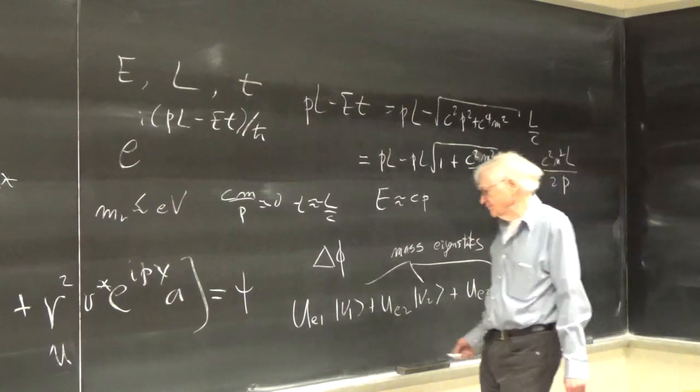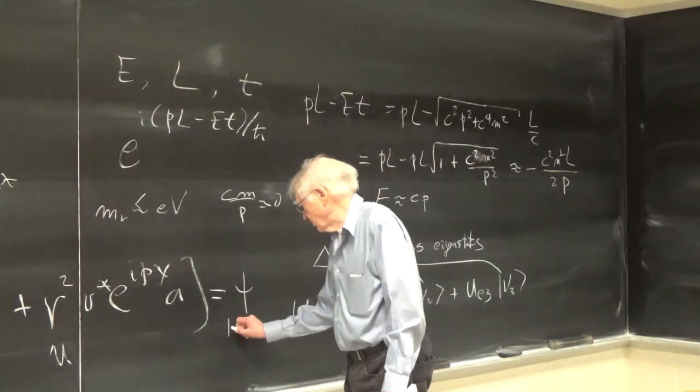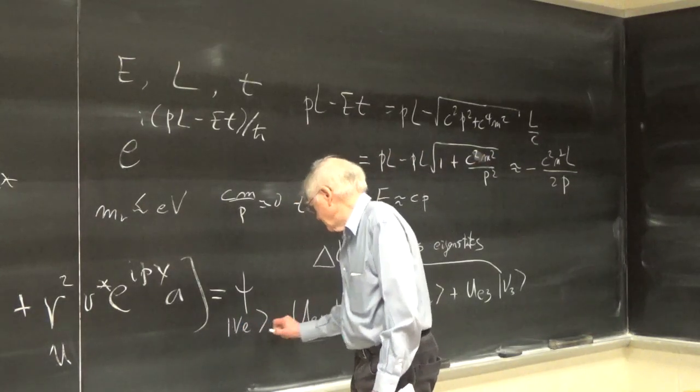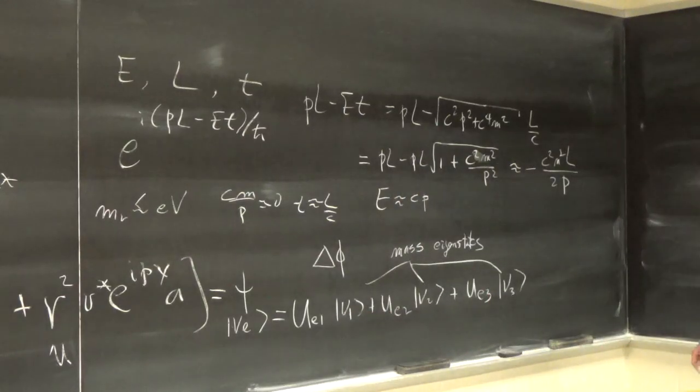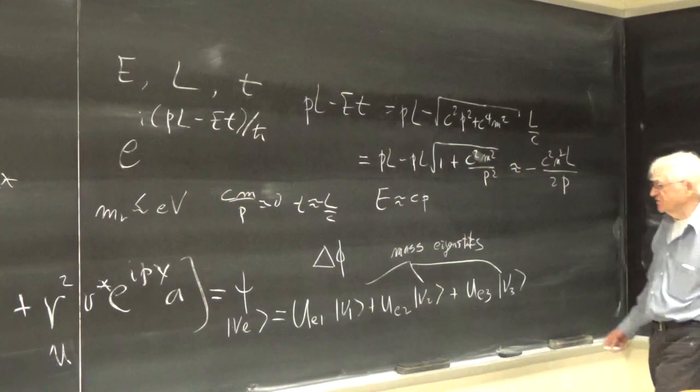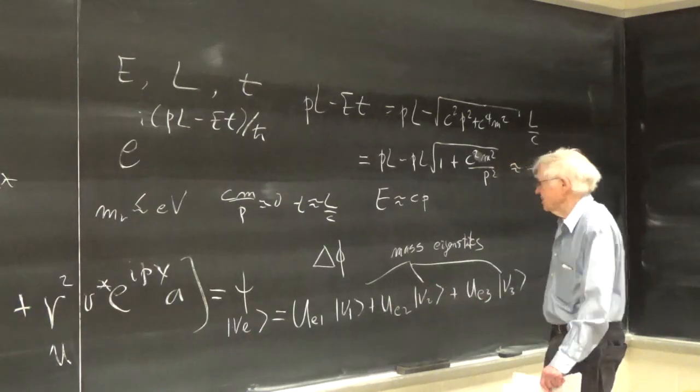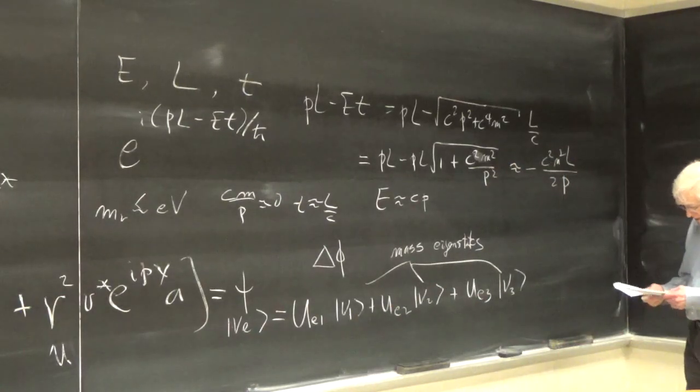Anyway, this is the electron neutrino that is created initially. And then each of these mass eigenstates propagates with a different mass.